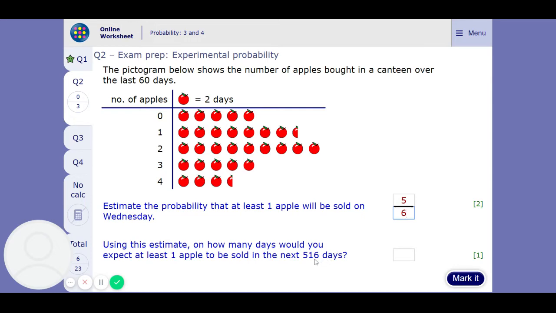So how many is 5/6 of 516? That's what our answer is going to be. So if we take 516, divide it by 6, and then times it by 5, then with a little bit of written maths, we will get that it is 430 days we'd expect. Excellent, we got it right.